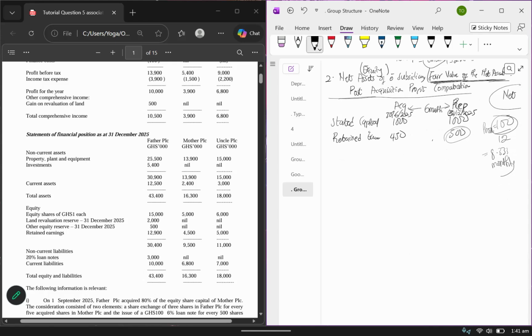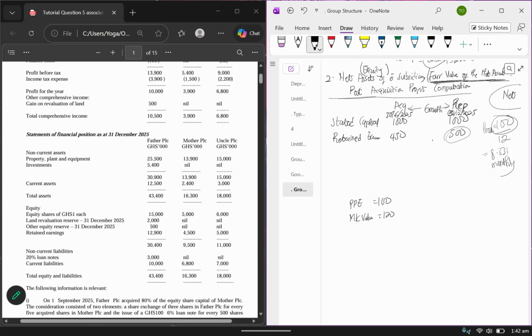Okay, so initially you've recorded 100 in your books, and then they are saying that the market value or the fair value is 120. There has been a 20 increment, a revaluation gain.